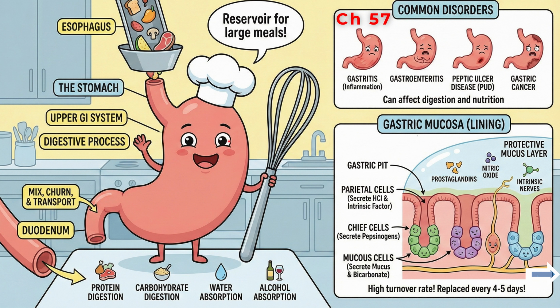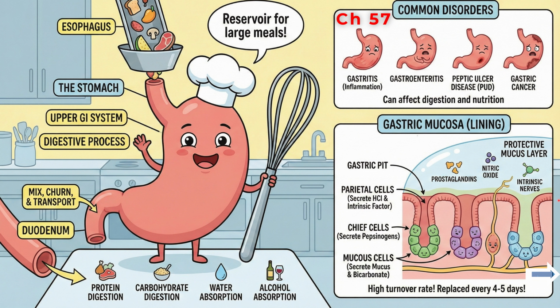And this little guy, the stomach, has a very happy face, with food coming from the esophagus, the reservoir of large meals. This is a really nice picture, and here is more of the lining of the stomach, the gastric mucosal lining.